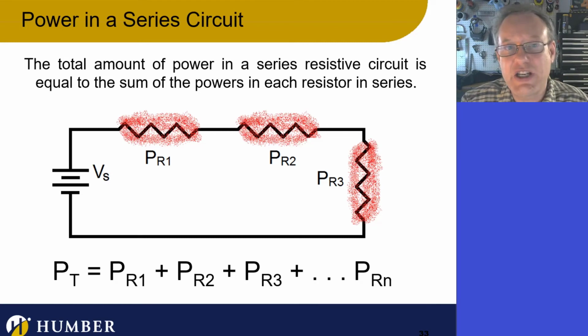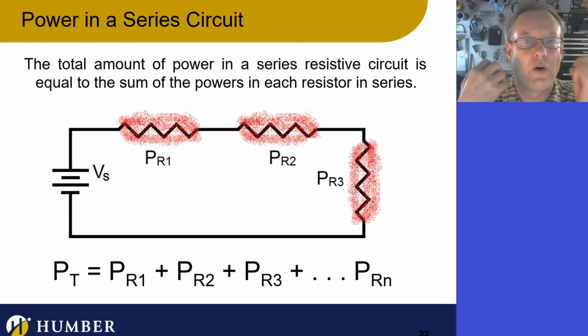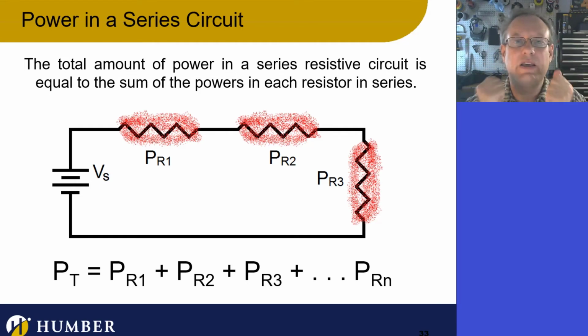Because the energy dissipated, or the energy being used in any load, whatever it is, whether it's a motor doing some work, spinning something, or a heater, or a light producing light and heat, there's energy being used across every single load. In this case, I've just got 3 resistors and they're just creating heat. That's all they're doing. So they're dissipating energy. So the total dissipation of all of the energy divided by the total time that the energy is being used for is the total power.